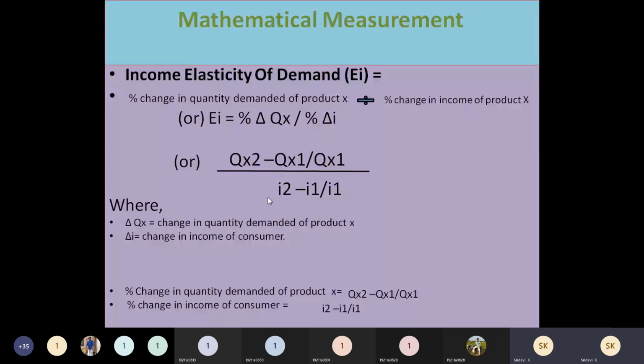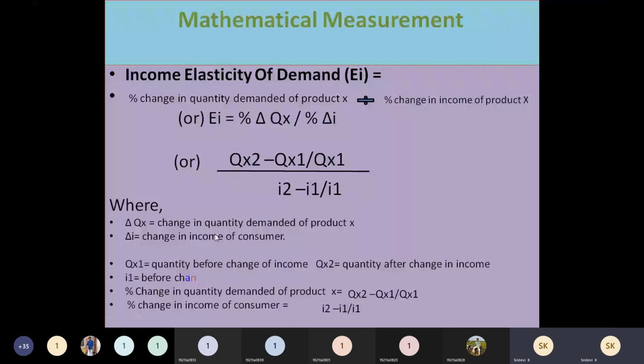I1 is before change of income, I2 is after change of income. So we can replace here and make it in short form: (Qx2 minus Qx1) into I1 divided by (I2 minus I1) into Qx1.